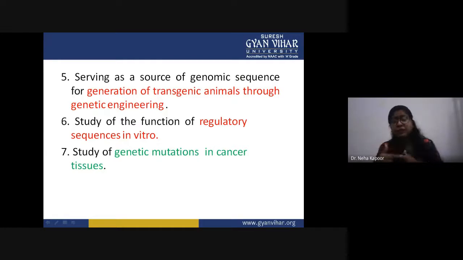You need to check that each DNA fragment is cloned, and then preserve each DNA clone in a suitable form so that it remains viable for a longer time for carrying out your studies. So this genomic DNA library holds immense potential in genetic engineering and in many genome DNA sequencing based projects.